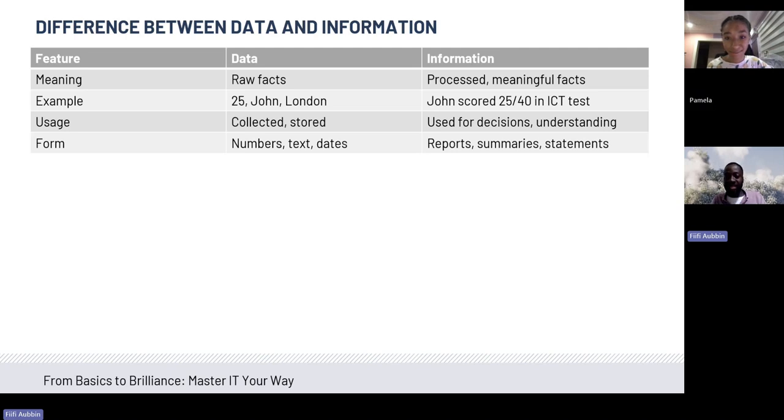That makes sense, so it's information. The usage: data is collected and stored, but information is used for decisions and understanding. The form of data can be numbers, text, and dates, while reports, summaries and statements are what make it information.